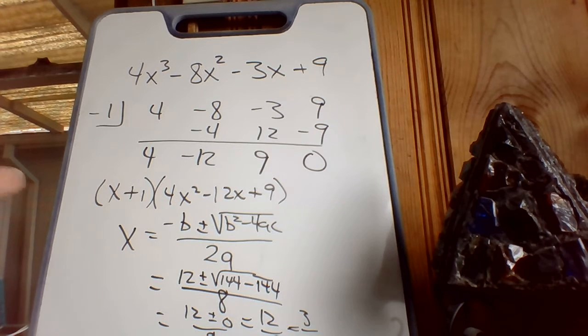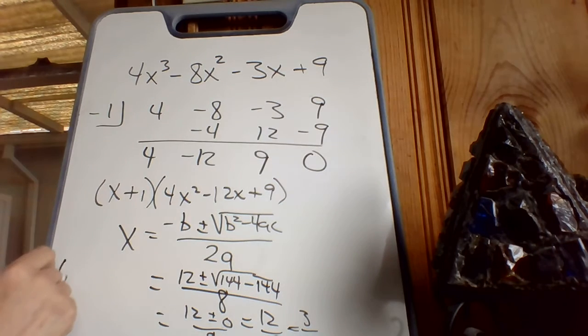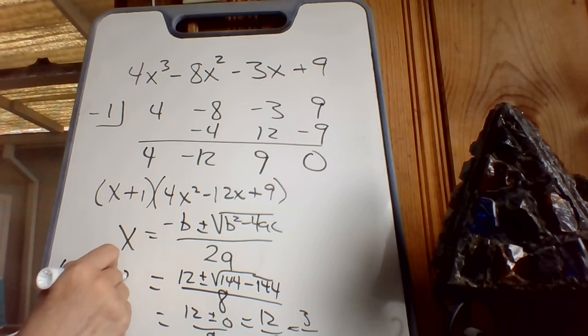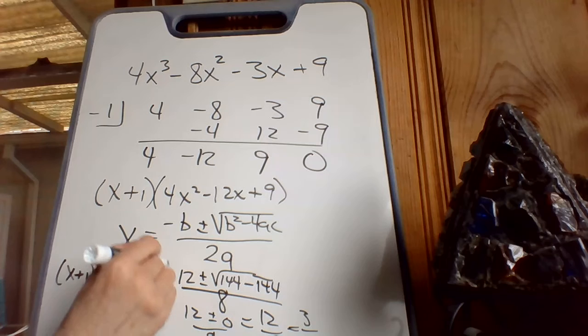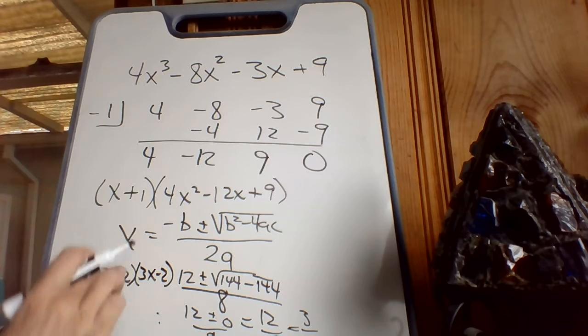This factors down to x plus 1 times 3x minus 2 times 3x minus 2. No, 2x minus 3.